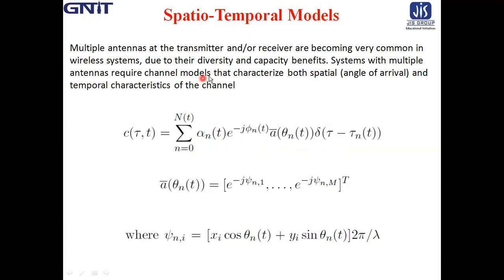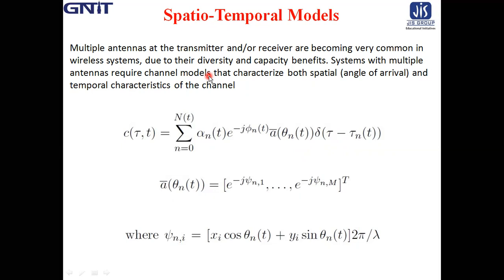Multiple antennas at the transmitter or receiver are becoming common in wireless systems because of their diversity and capacity benefits. Now, systems with multiple antennas require channel models that characterize both spatial and temporal characteristics of the channel.